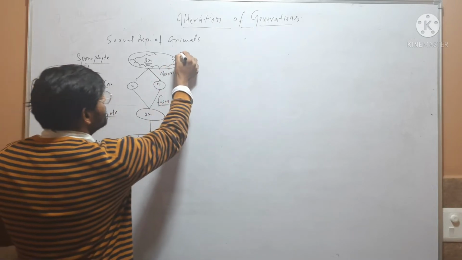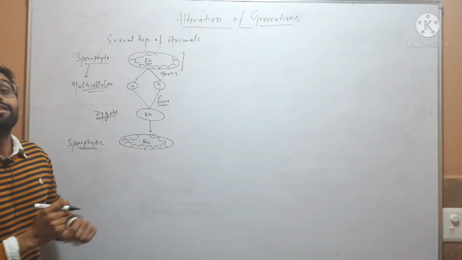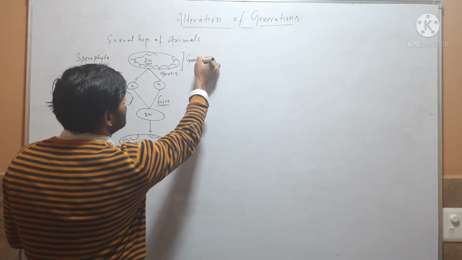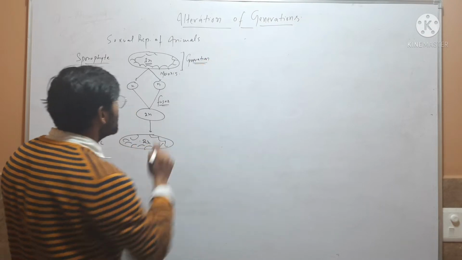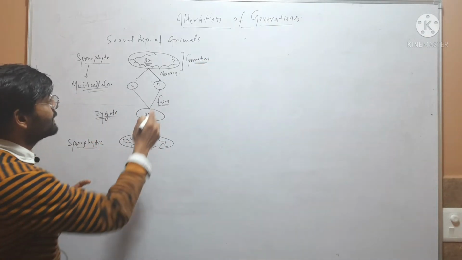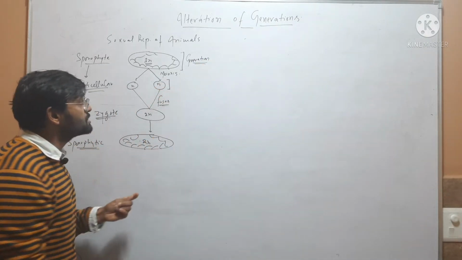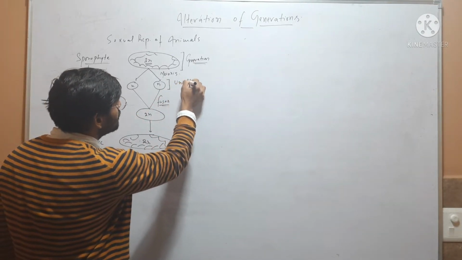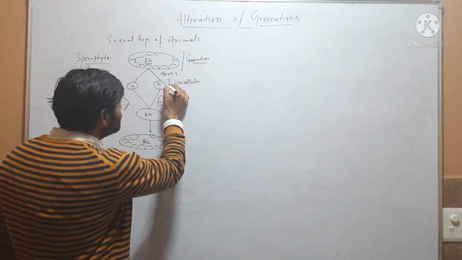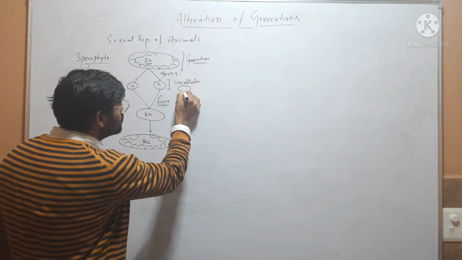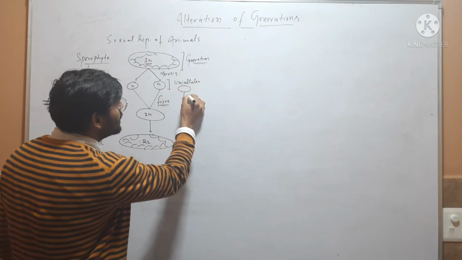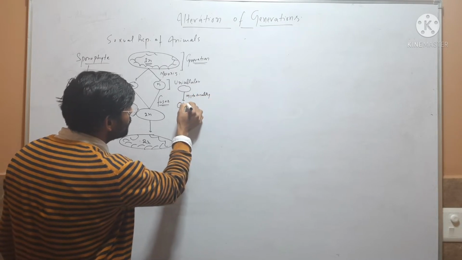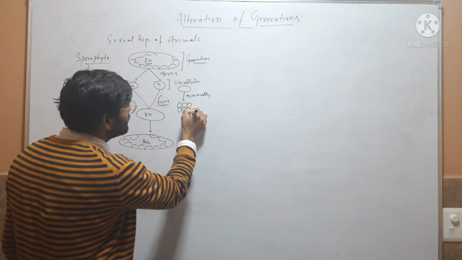So this multicellular body can be called a generation. But the gametes produced by meiosis are unicellular, meaning gametes do not divide further mitotically to form a multicellular body.